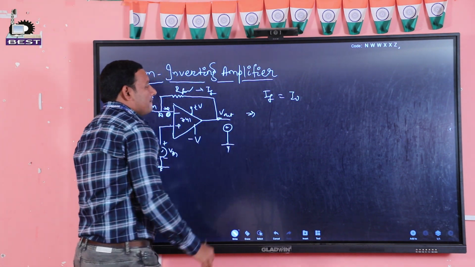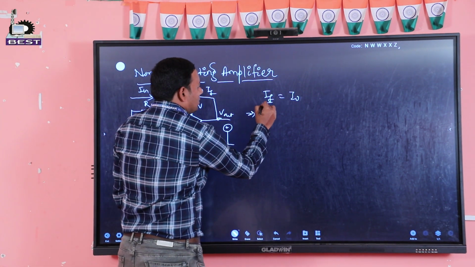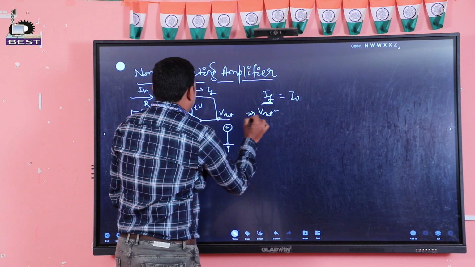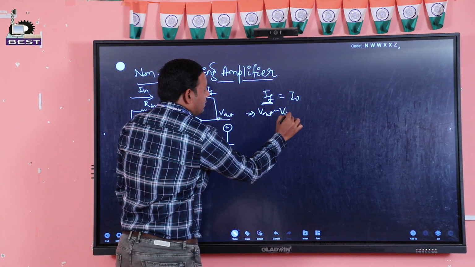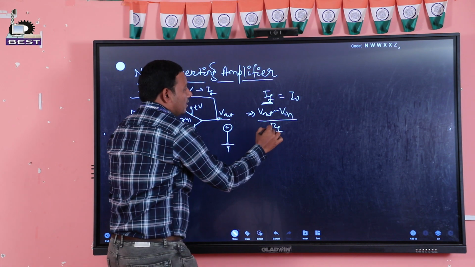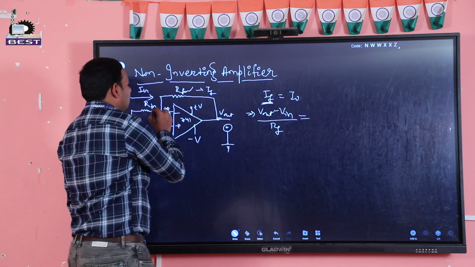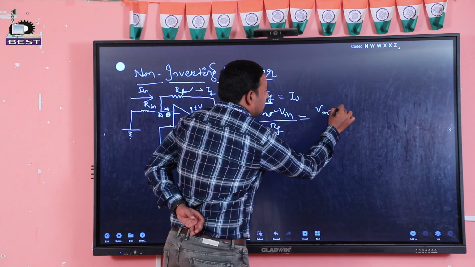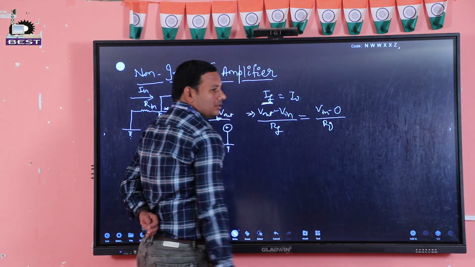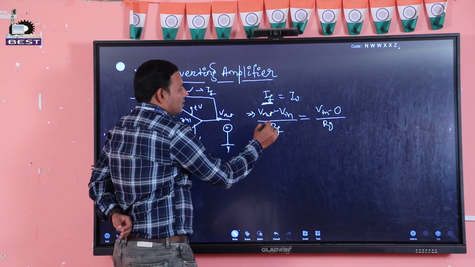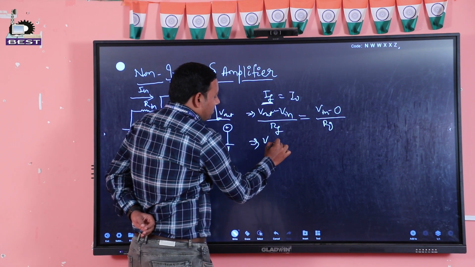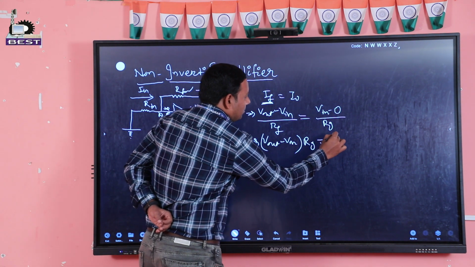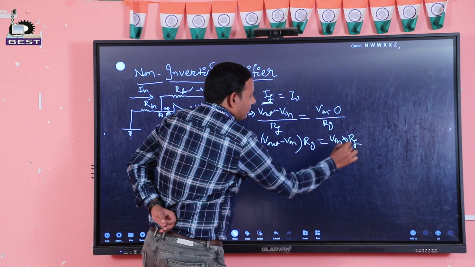When we see If, it will be V out minus V in, whole divided by RF, and the input current Ii will be V in minus 0 divided by Ri. When we simplify this, we get V out minus V in, whole into Ri, equals V in into RF.